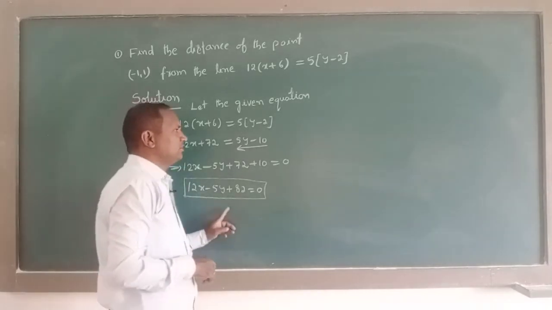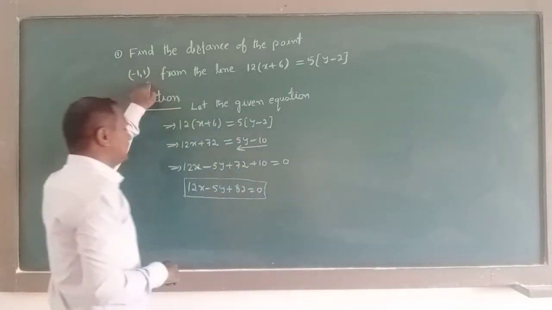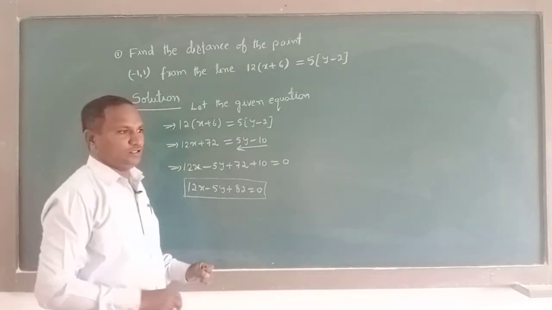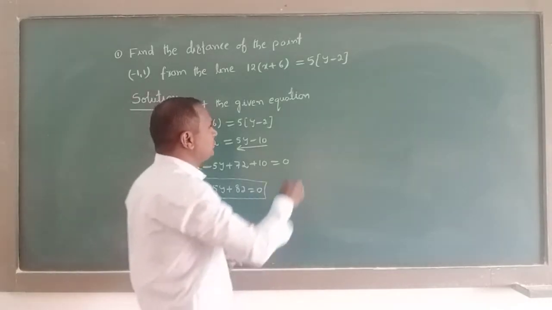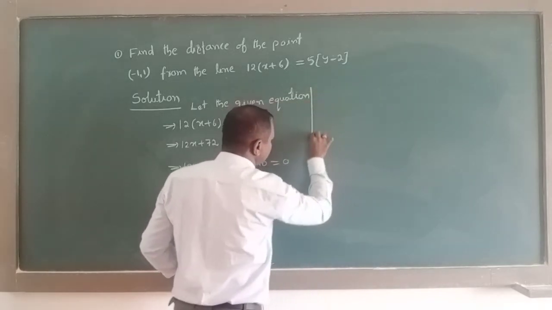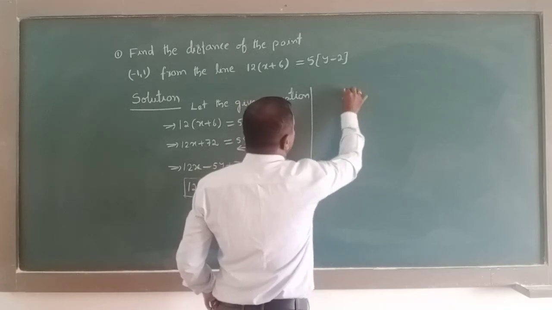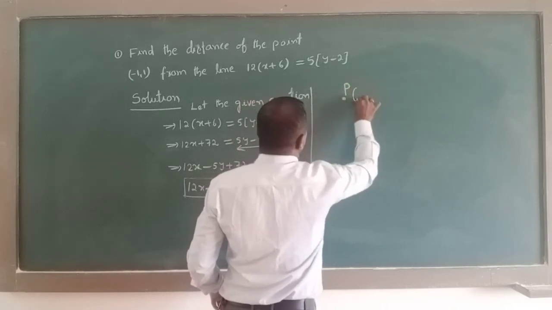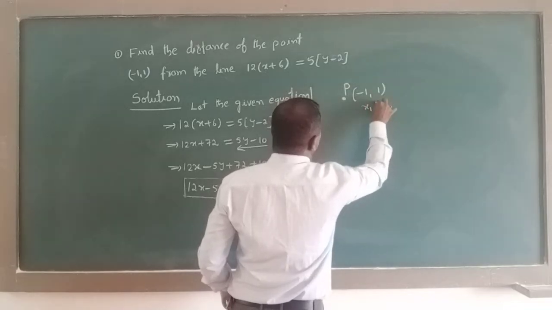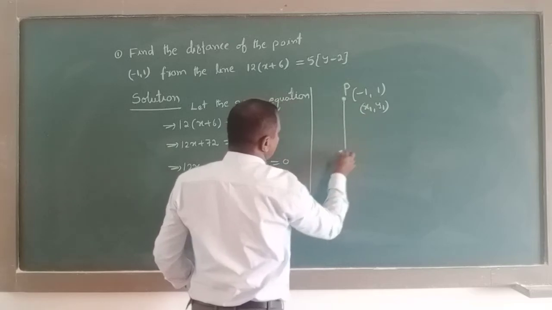From the point P minus 1, 1 to this line, they are asking the distance. See, I am showing it diagrammatically here. Here is one point; consider the coordinates of P as minus 1, 1. That is x1, y1. From this, one line is there.